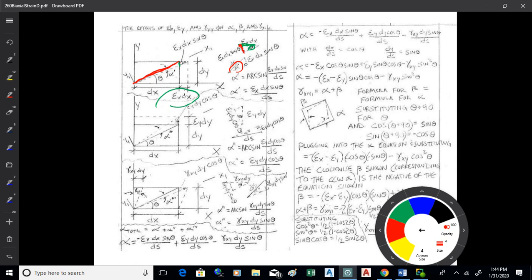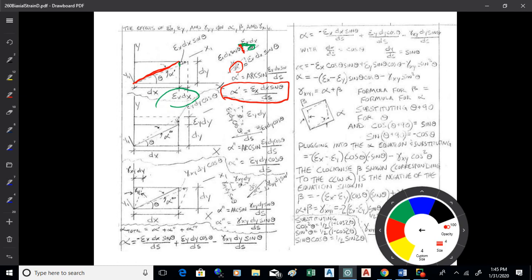So that angular change will be the inverse sine of epsilon x dx sine theta divided by ds. Okay, so I'm calling that alpha prime. That's telling me how that hypotenuse rotates on account of that epsilon x strain that I apply.